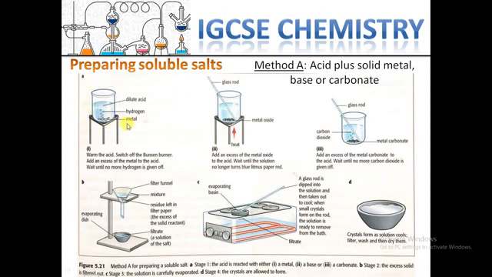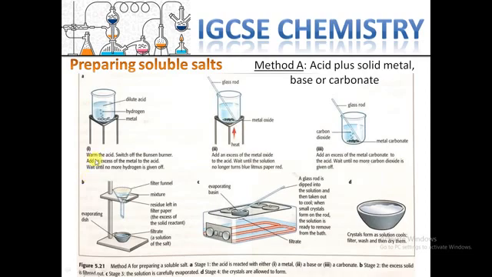Sometimes they will ask you about the name of the equipment, the laboratory tools. So you should know, for example, this is a glass rod, and this is an evaporating dish. You need to focus on the experimental part because it's very important for the third paper in your exam.